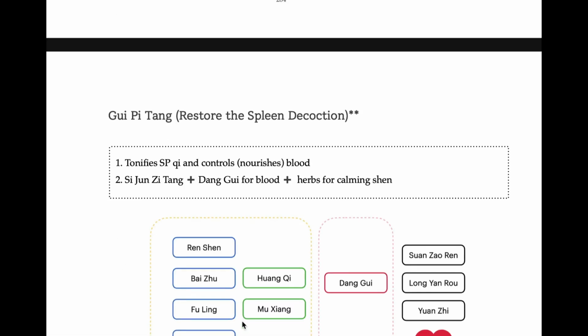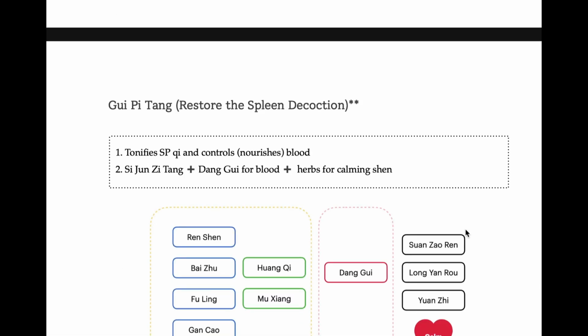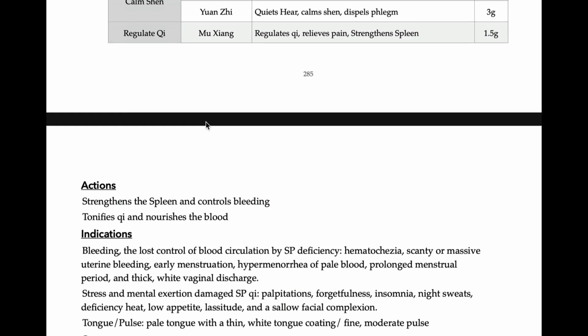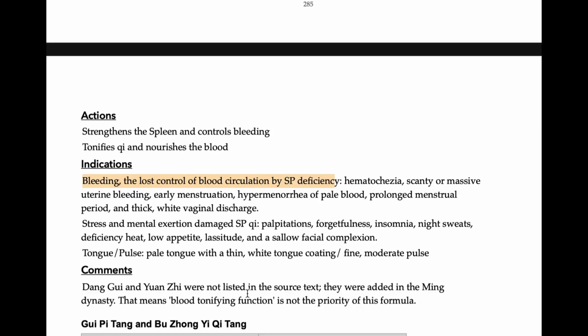And Guipitang treats both symptoms, shen and blood, bleeding. Shen and bleeding. So there is Guipitang. So bleeding, loss of control of blood circulation by spleen deficiency. This is one pathology. And stress and mental exhaustion with spleen deficiency. Guipitang for depression.